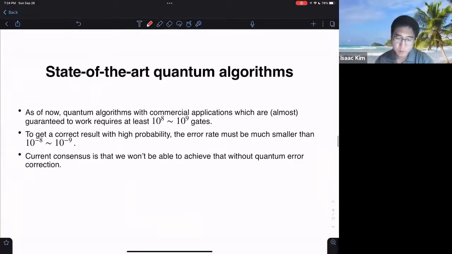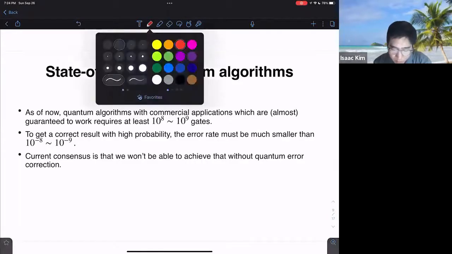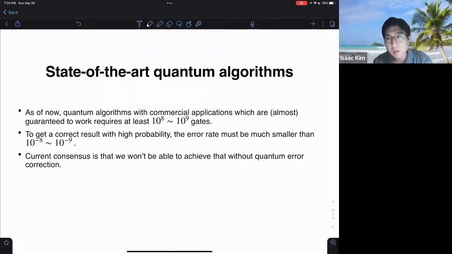Maybe that wouldn't have been a problem if there were useful quantum algorithms that use a small number of gates, like maybe 100 gates. But the fact of the matter is, even the best quantum algorithm, by best I mean one that's supposed to be useful and also uses the smallest amount of gates, tends to require at least 10 to the 8 to 10 to the 9 gates.